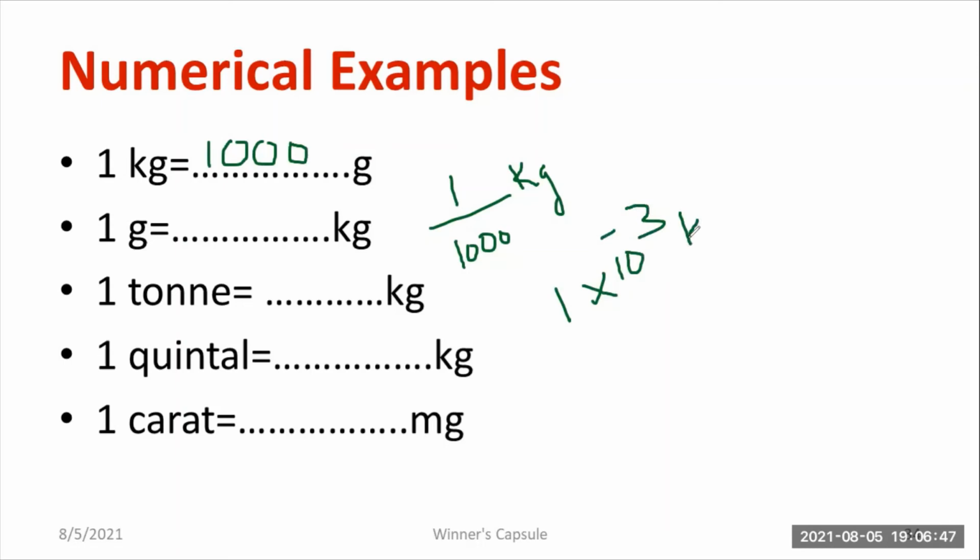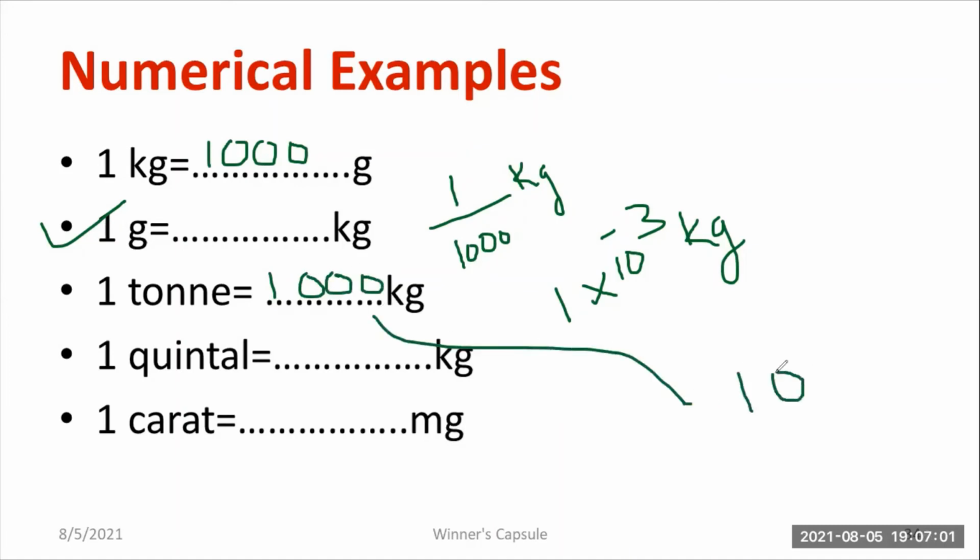This is also acceptable. Whichever you are comfortable with, you can choose. 1 ton is equal to dash kilogram. 1 ton is obviously 1000 kilogram, or else I can write it as 10 to the power 3 kilogram. That is also acceptable.